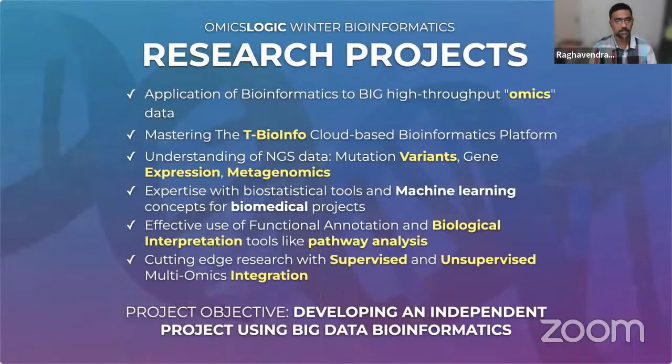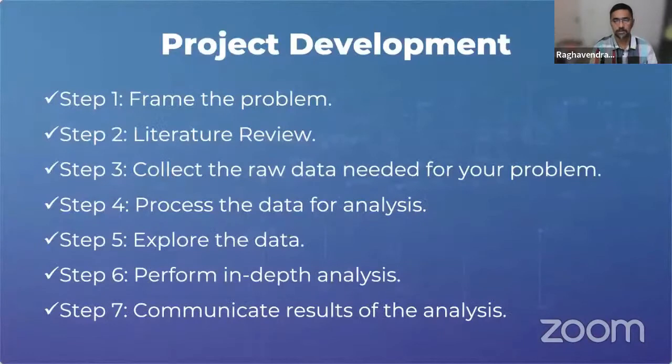At the key basis of this program is to develop a project, or a title for your project, and project development involves these 7 steps. For every project, we follow these well-defined steps. You start by framing the question, followed by an extensive literature review. Once you have identified a topic of interest, we collect data from publicly available resources that will validate your hypothesis, or help you design a more interesting question and explore possible patterns.